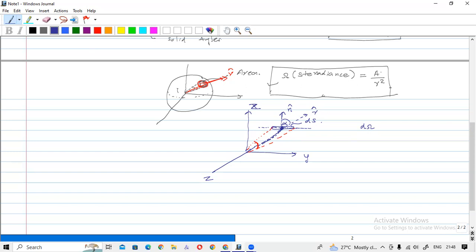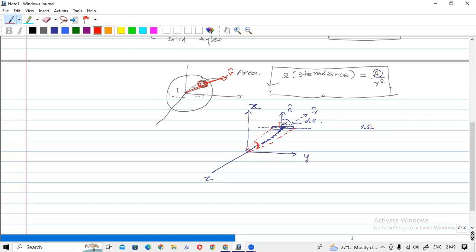Here the area is not perpendicular to r hat, so we have to get the perpendicular component to the r hat. So this is the surface, and this is n hat, that is perpendicular to it. So this is 90.